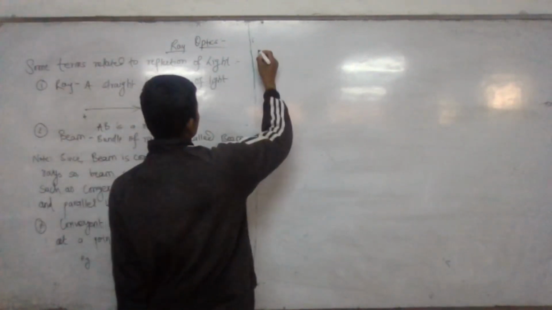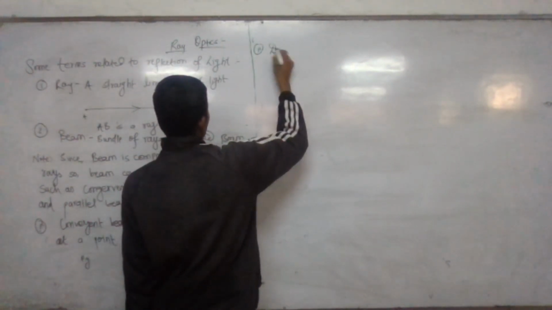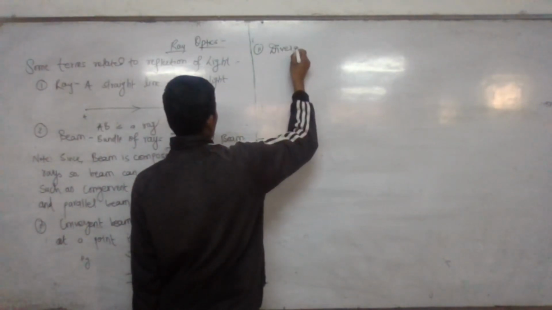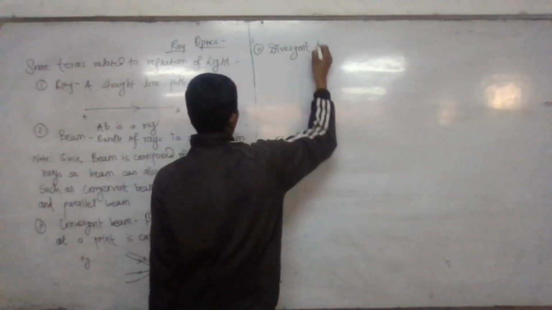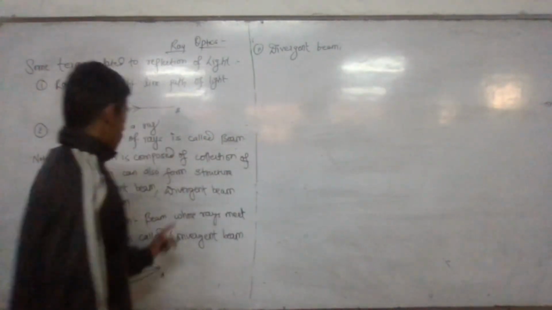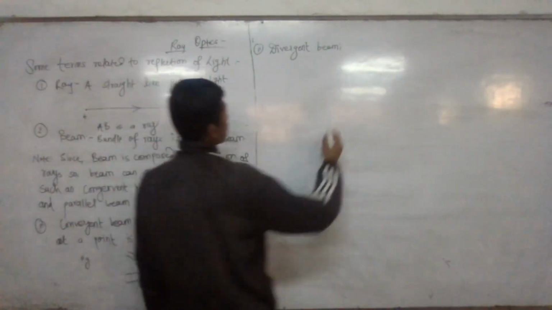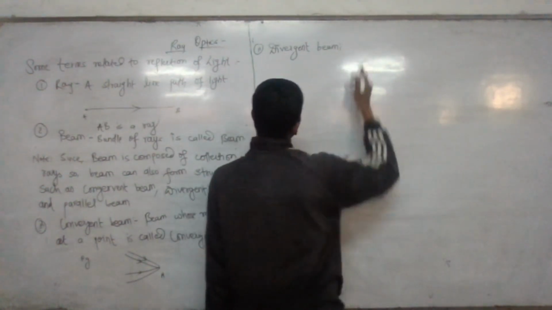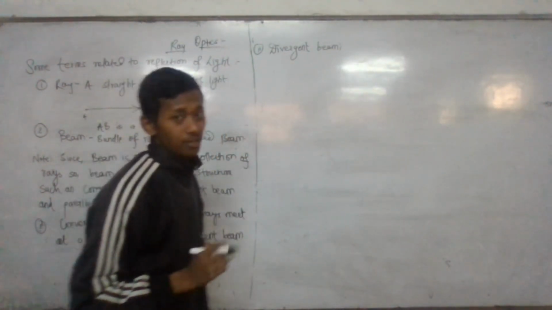Now let's talk about divergent beam. So what is a divergent beam? A beam whose rays appear to spit out from a point, not meet.